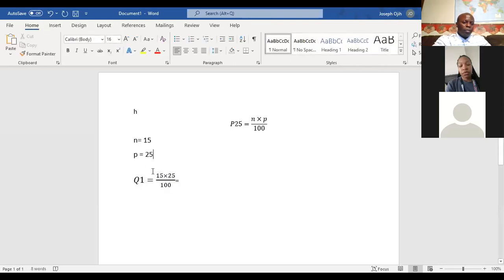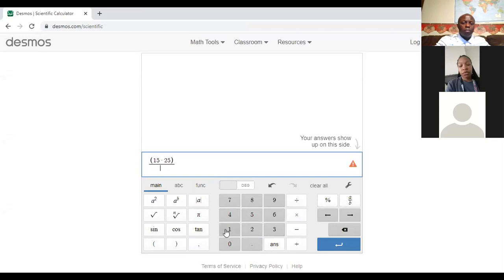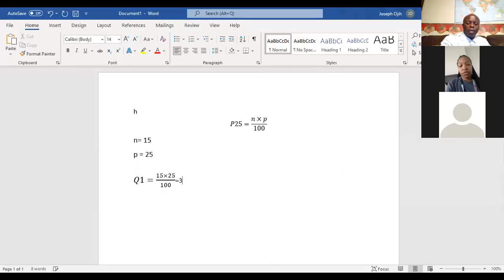So we use 15 for N and 25 for P. And that gives us, from our calculator, 15 times 25 divided by 100, which gives me 3.75.